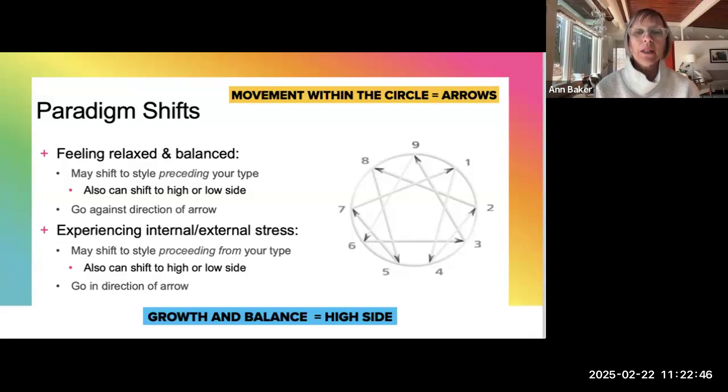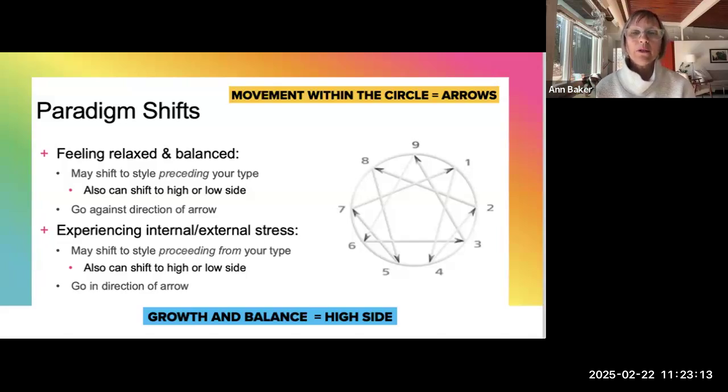And likewise, when a 7 is stressed or relaxed, they can go to the 5 and gather more information and try to get a big picture. But the downside of that could be that they go to 5 and start really getting bogged down in overanalyzing and kind of paralyzed with doing research and not taking action.